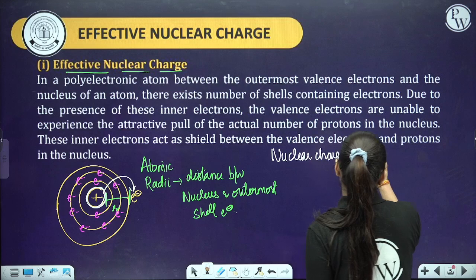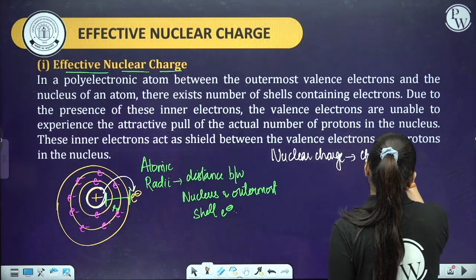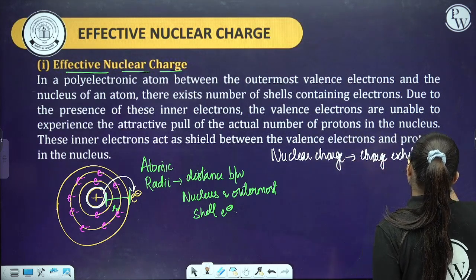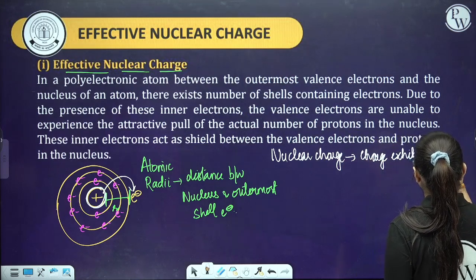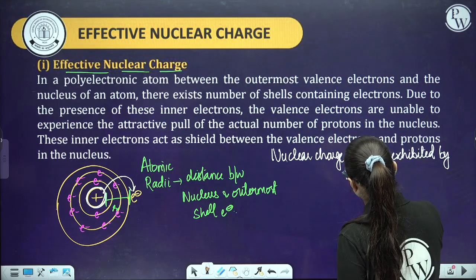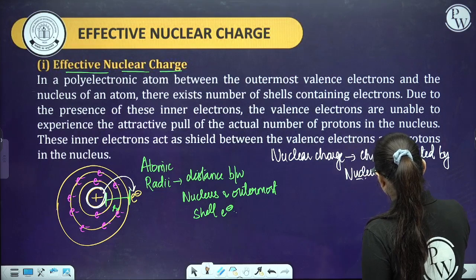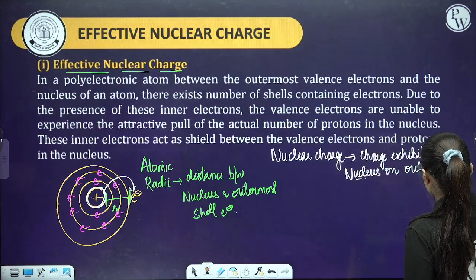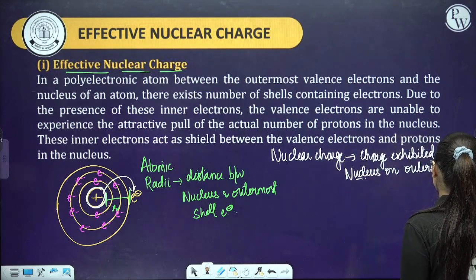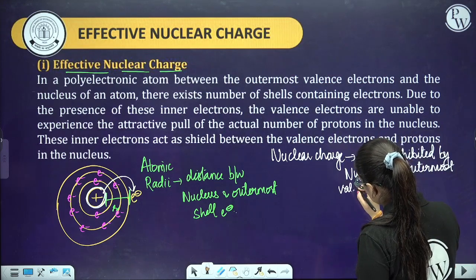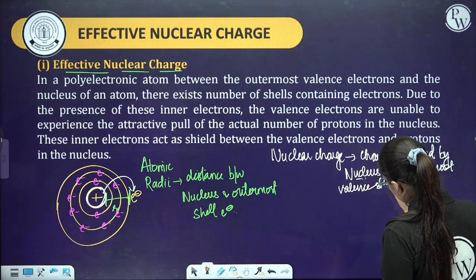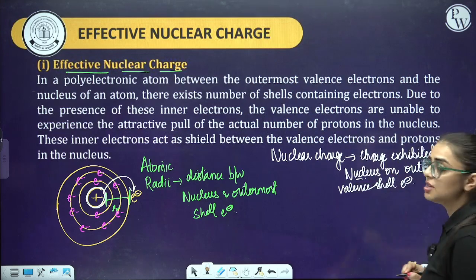Nuclear charge is the charge exhibited by the nucleus on the outermost valence shell electron.